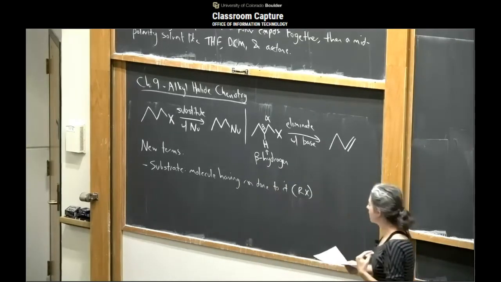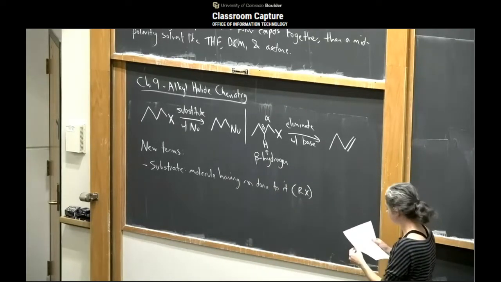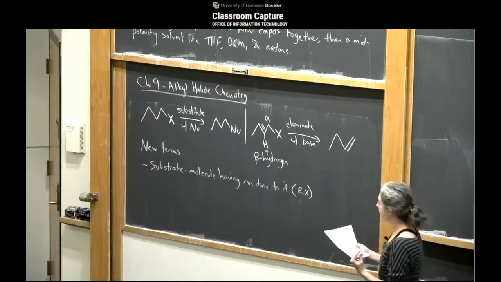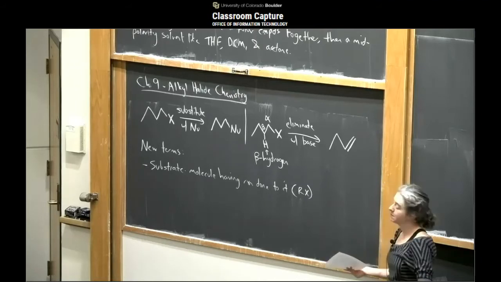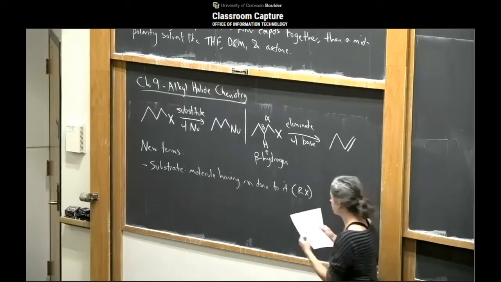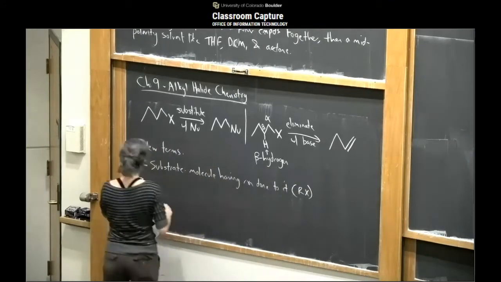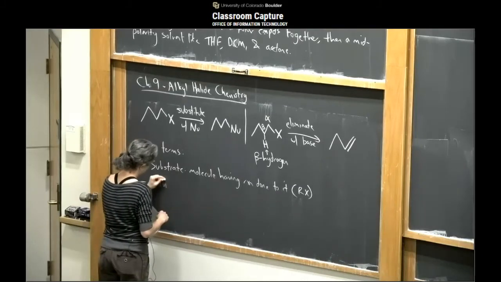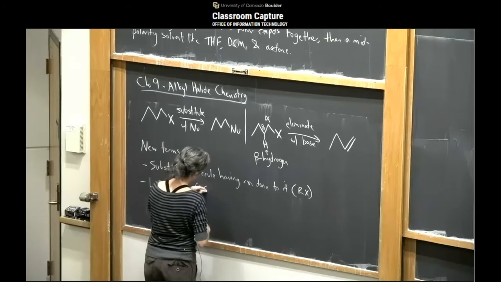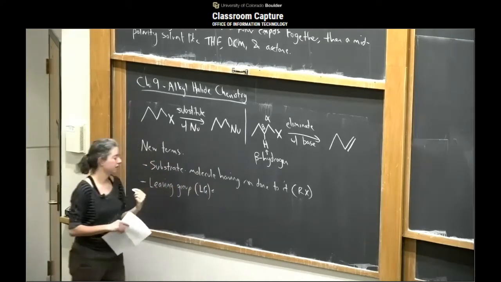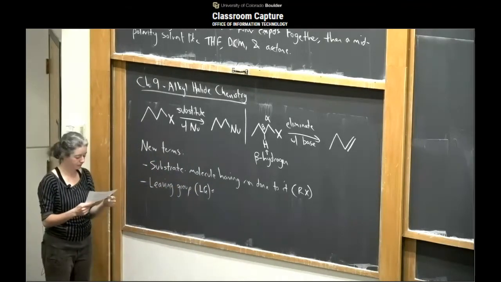Okay, so that's our Rx molecule for this chapter. The leaving group is whatever group is dropping off the molecule and taking electrons with it. That's often abbreviated as LG for leaving group.